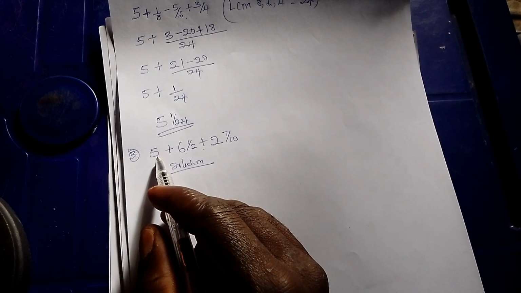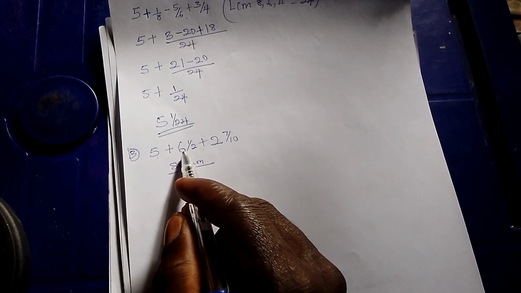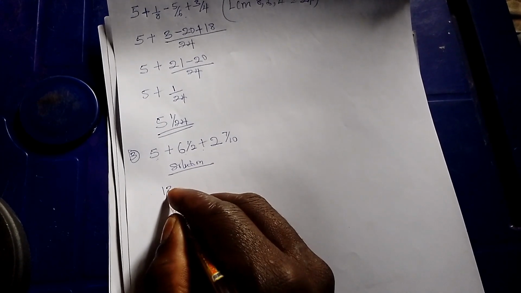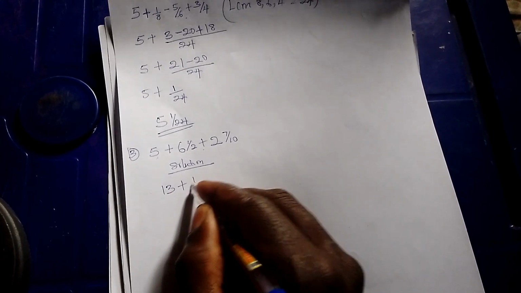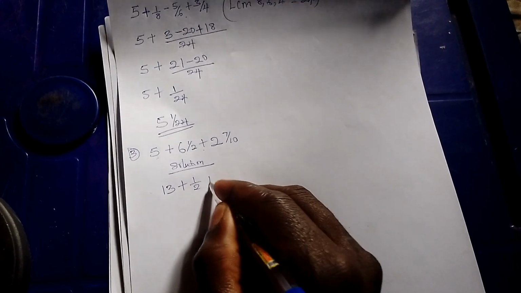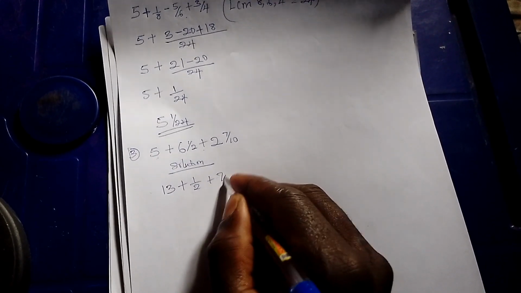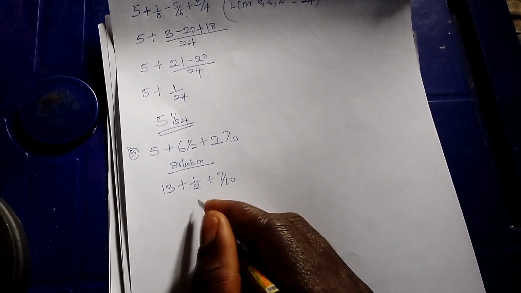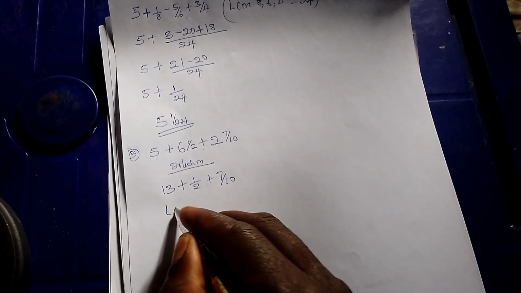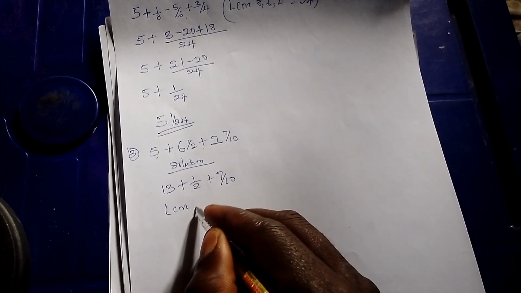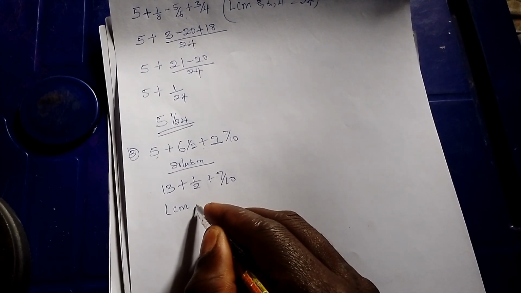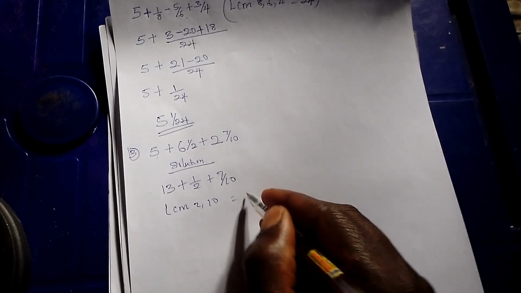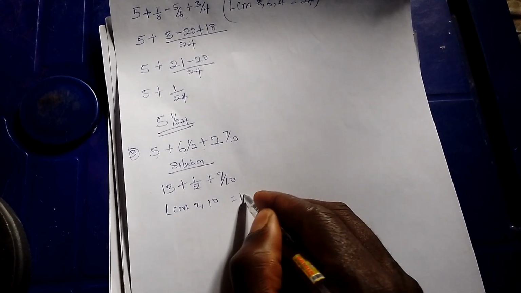This is 5 plus 6, 11 plus 2, which is 13. 13 plus 1 all over 2 plus 7 all over 10. Then the next thing is to find the LCM. LCM of 2 and 10 is what? Is 10.